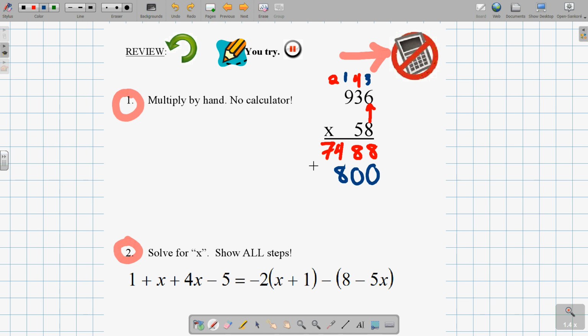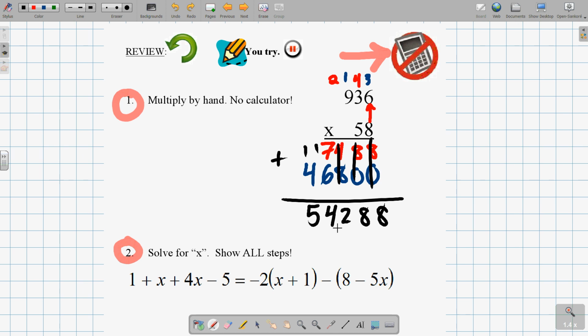That's 45, plus 1 is 46. 54,288. Check your work. Yes, I actually expect you to do multiplication by hand in this class. Unless it's a decimal or something called trigonometry, you are going to use your brains for this stuff.